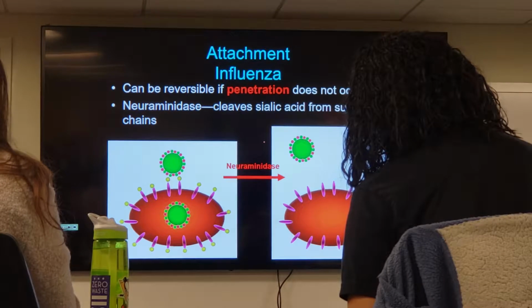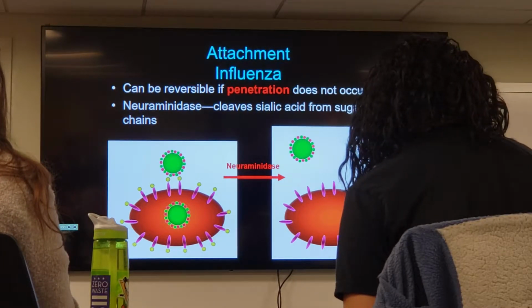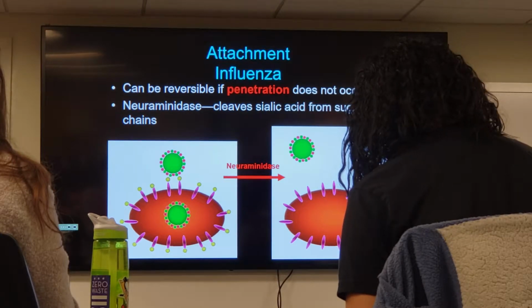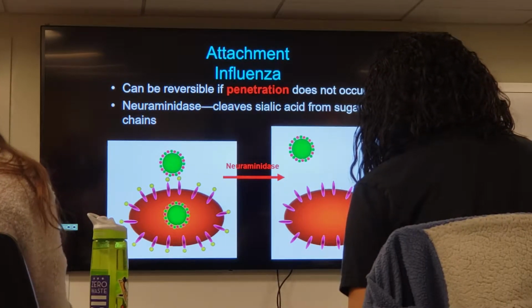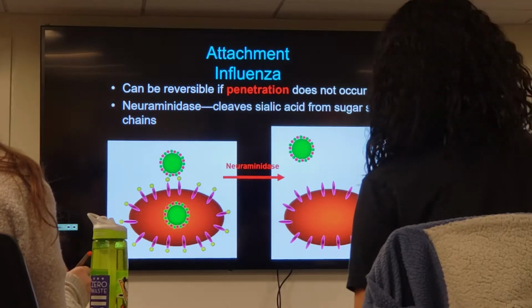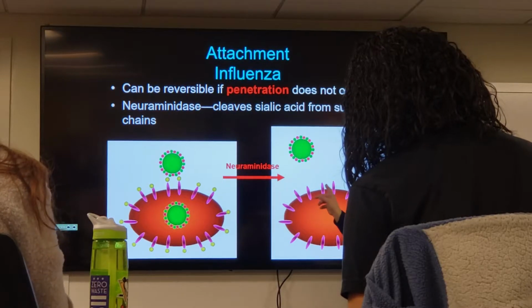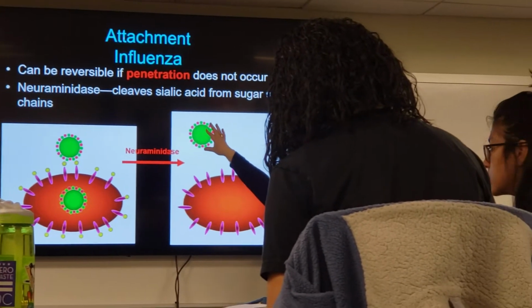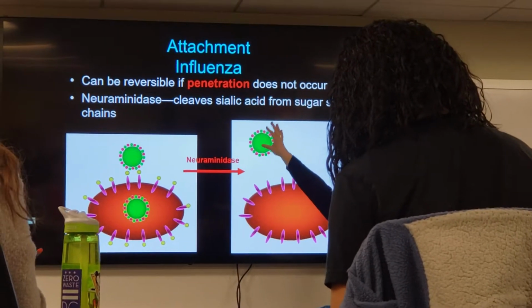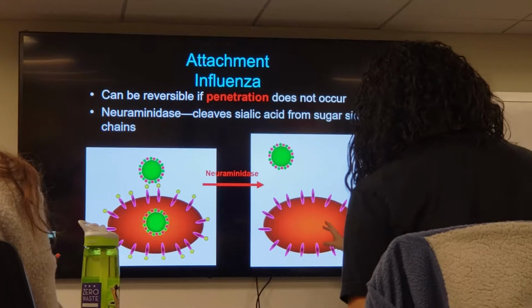Not all cells are. So neuraminidase is the exit strategy for influenza. Once it binds to a host cell, it can determine whether that host cell is metabolically active, and if it's not, neuraminidase cleaves the sialic acid and allows influenza to detach from that host cell and not enter it.